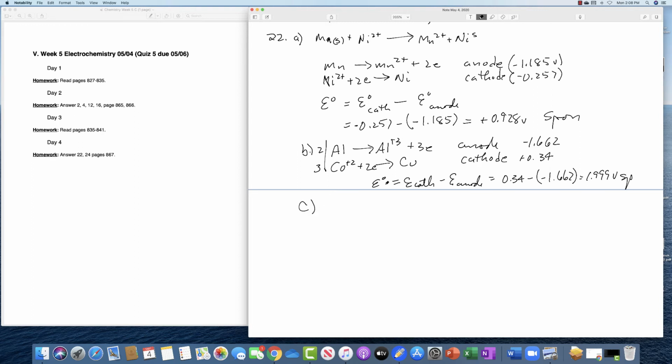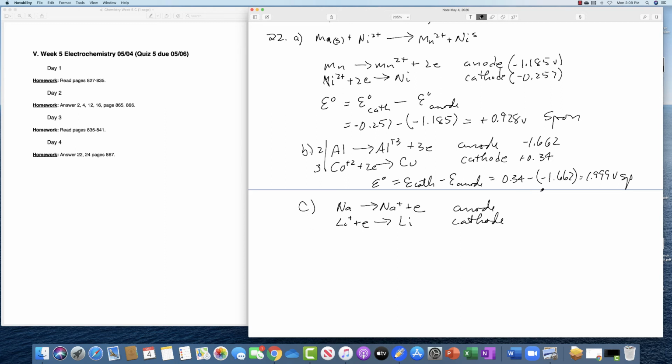The next one is sodium solid plus lithium nitrate goes to form sodium nitrate plus lithium solid. So sodium solid goes to form sodium ion, so it's the anode. And lithium ion goes to form lithium, so it's the cathode.